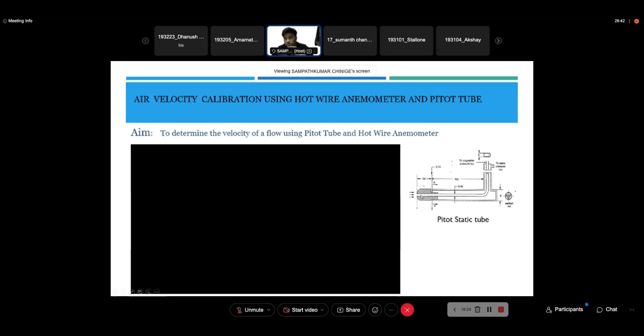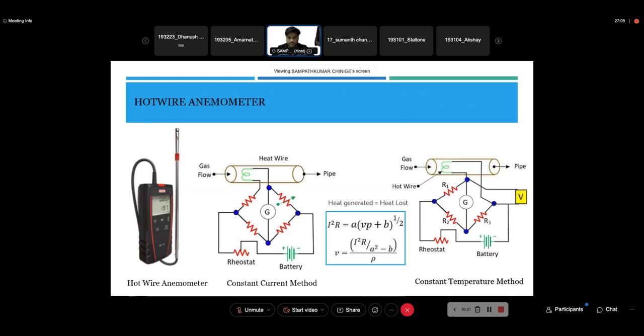But now what we use has holes on top, so the part next to the main inlet gives you the static pressure, and the rise in the tube gives you the total or stagnation pressure. From that you can find the dynamic pressure or velocity of the flow. So this is about the pitot static tube.